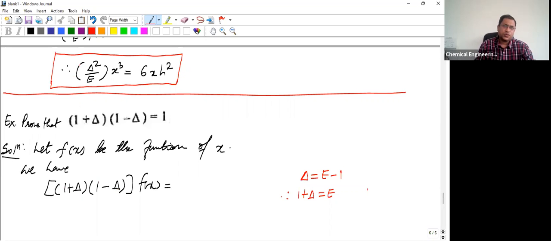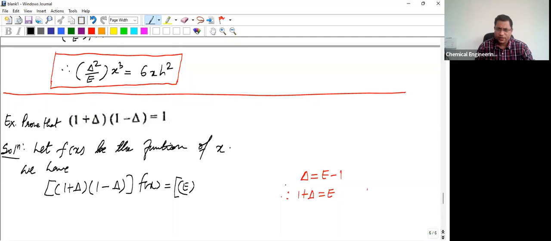Okay, so let us see. We have 1 plus delta is equal to E, and this is 1 minus (E minus 1) operated on f of x. So this is E, and this term, 1 minus delta.